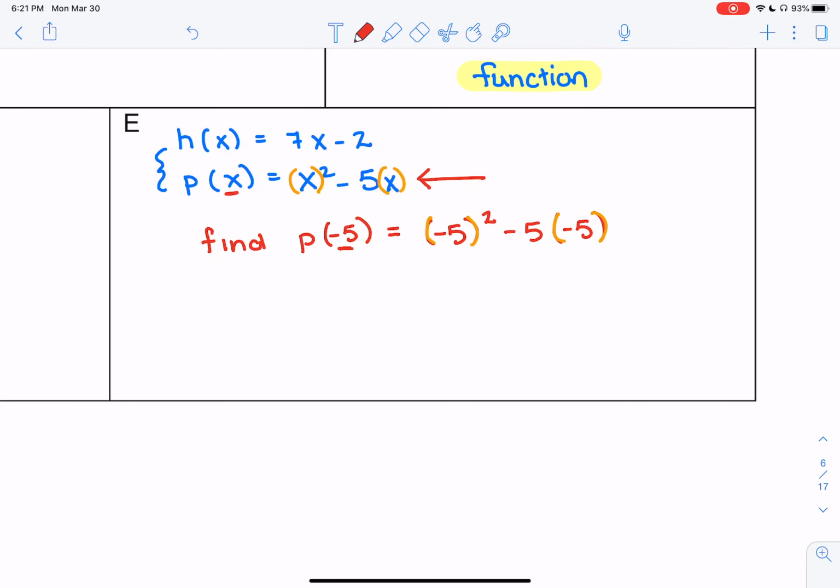Do not get caught up on what's on the left side of the equation. That can just stay. You can bring it straight down, or you can even just leave it and not write anything on the left side. We're really only focused on the right side of the equation while we're simplifying. So -5 squared is -5 times -5. That would become positive 25. And look here, we also have a -5 times a -5, so that would be plus 25. Okay, so my solution is 25 plus 25, which is 50, and that is all I have to have highlighted as my answer for that.